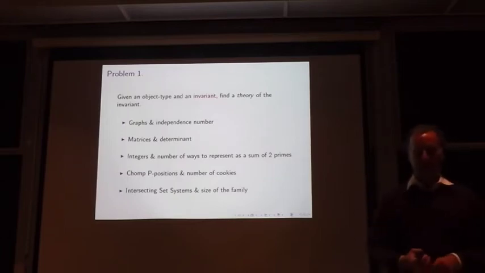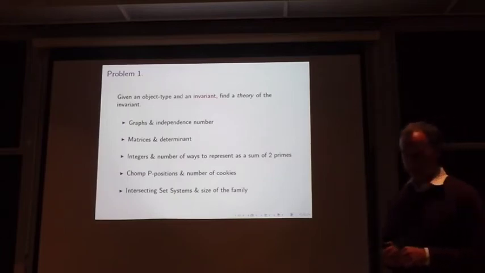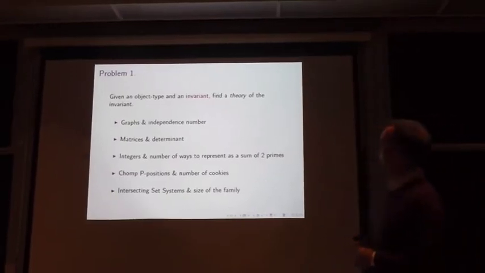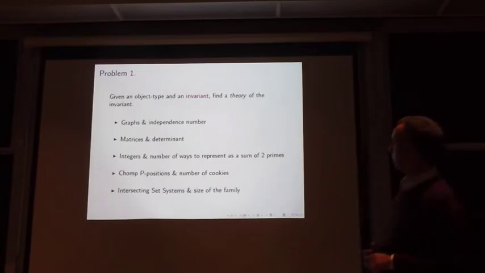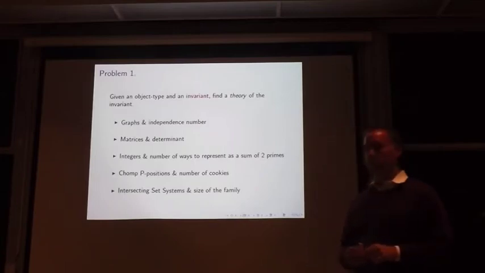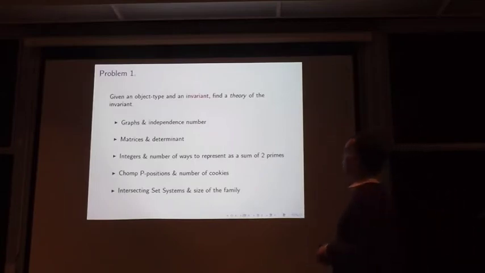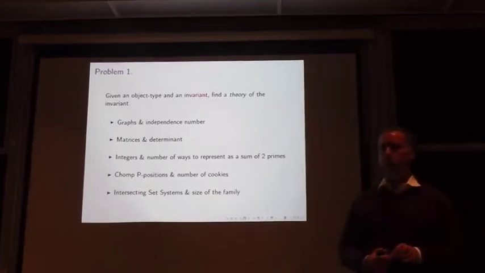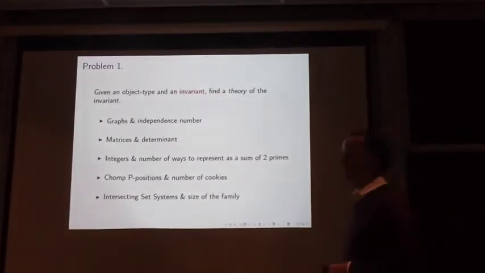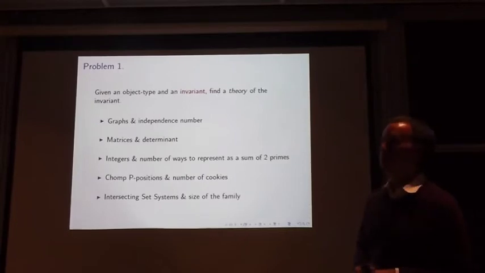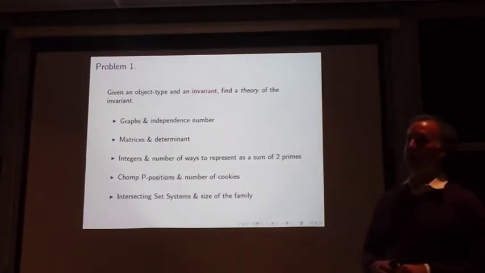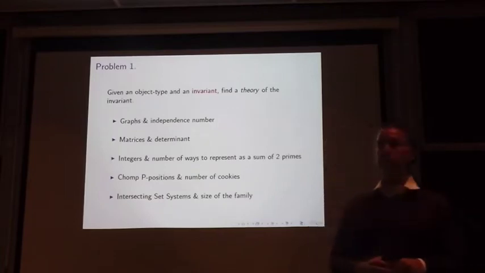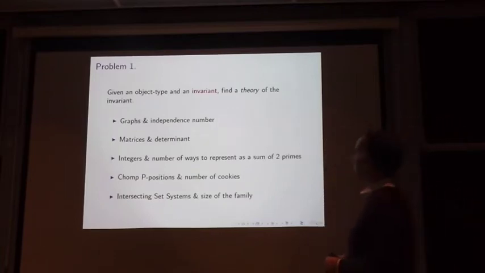The big idea here is automated mathematical discovery. There's lots of pieces. There's been lots of work on automated theorem proving since the 50s, WZ theory. The piece that we're working on is you start with an object type and an invariant. An invariant means a number associated with that object type, and you want a theory in some sense of that invariant.